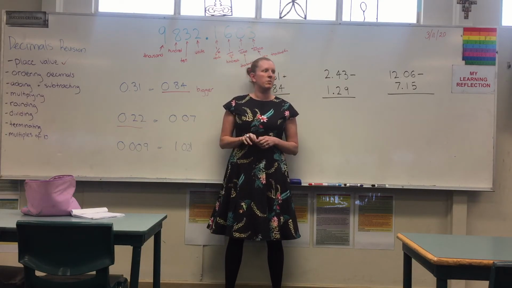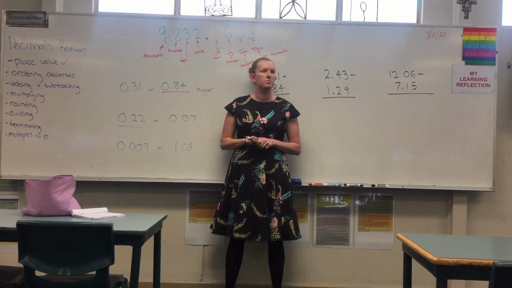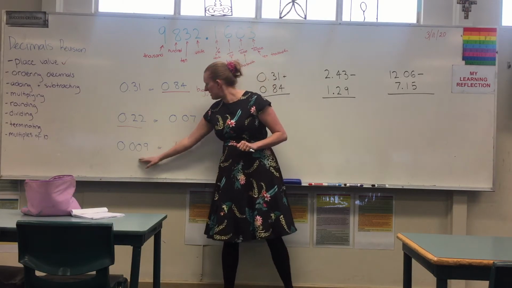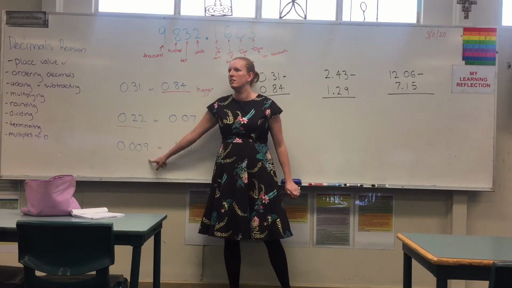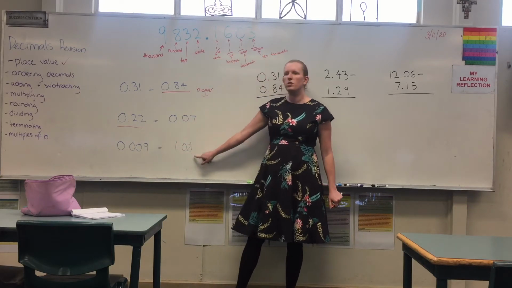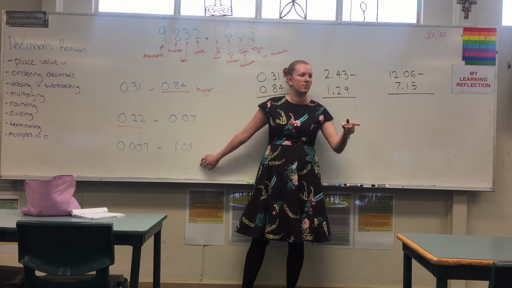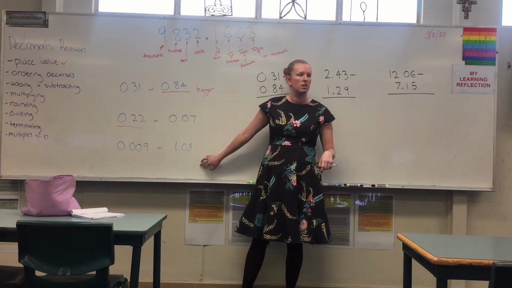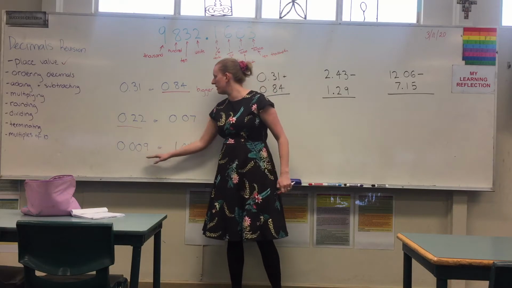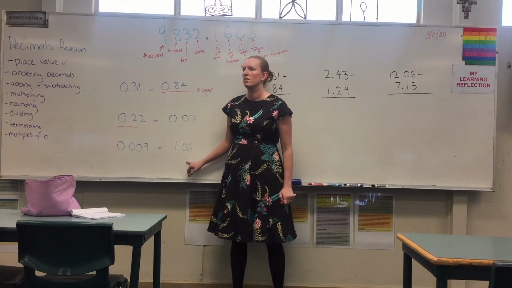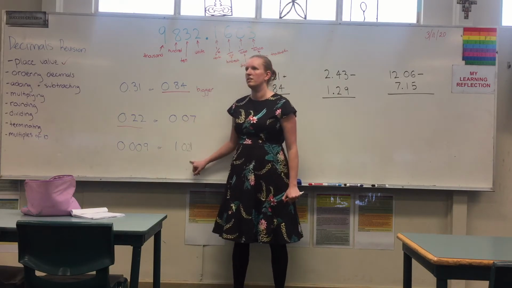Am I losing anyone? No? Alright, what about these last two down here? I've got 0.009 and I've got 1.021. Which one is bigger? Awesome. Ladies in the back, which one is bigger out of these two? This one or this one?